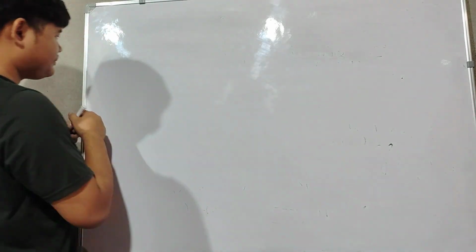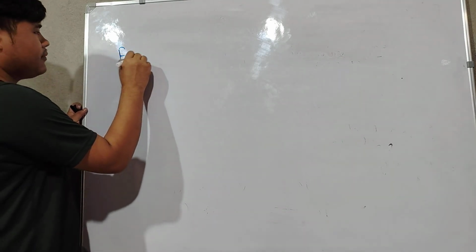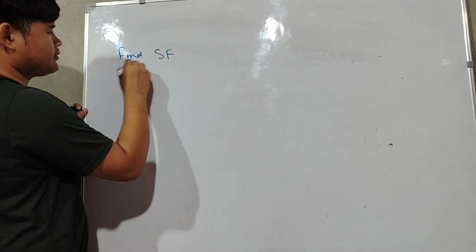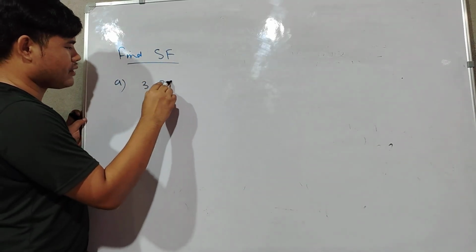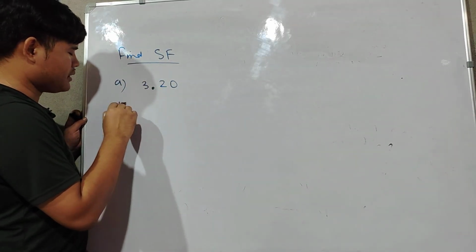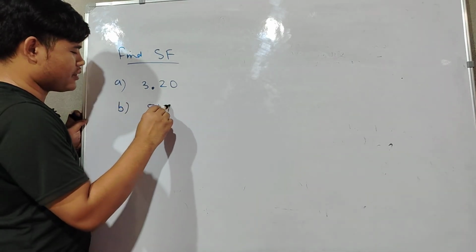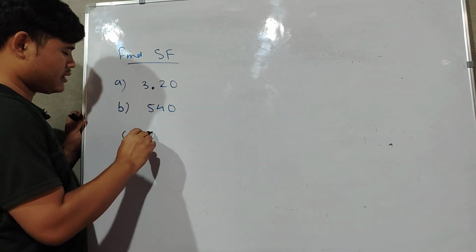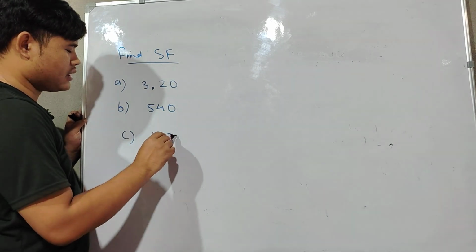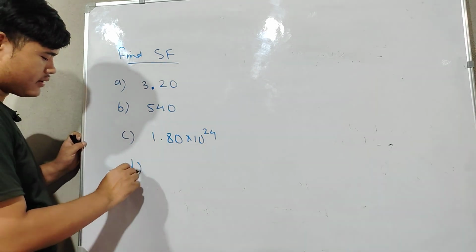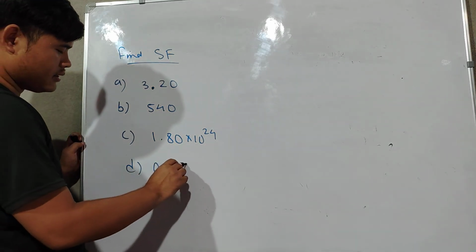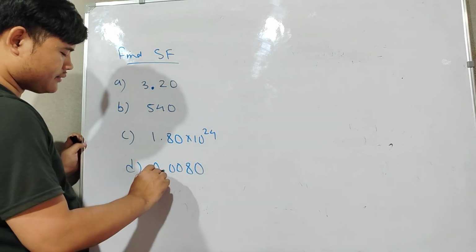So the questions are: find the significant figures. Number A: 3.20. Number B: 540. Number C: 1.80 into 10 to the power 24. Number D: 0.0080.